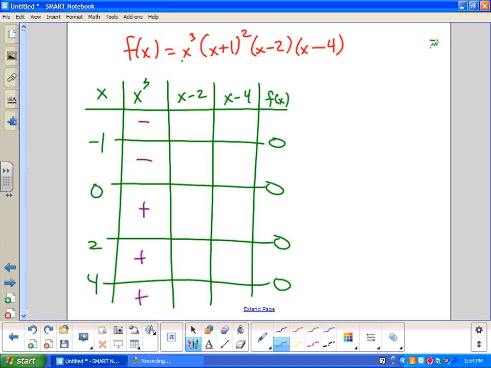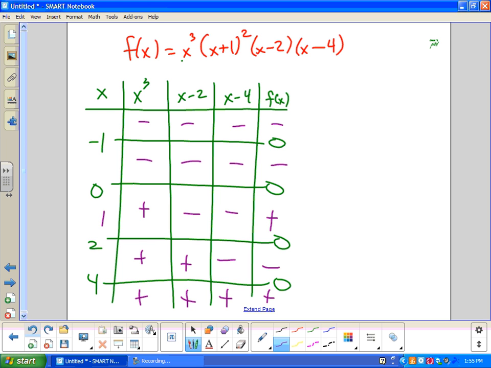Negative number minus 2, negative. Negative number minus 2, negative. 1's in between 0 and 2, so minus 2 is negative, and then positive, positive. And again, for the linear one, negative, negative, negative, negative, positive. Right, positive, negative, positive, negative, negative.